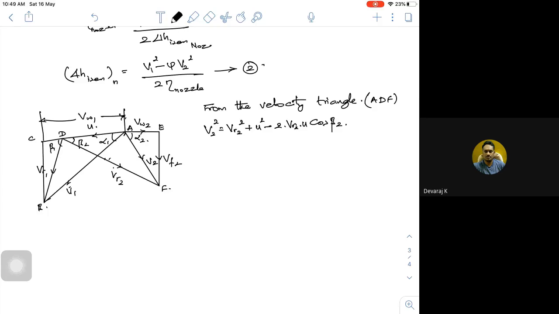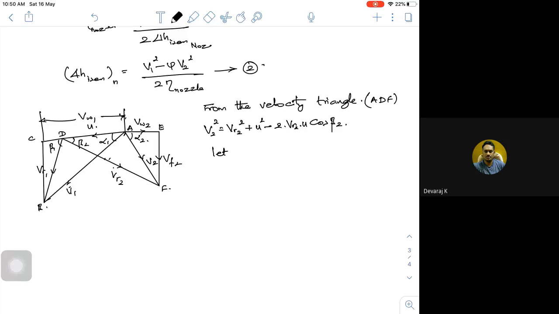Let me define phi 2. We know that speed ratio is nothing but u by V1, already defined.